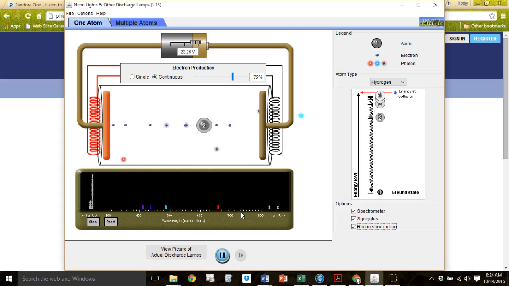So we should be able to answer the questions on the first page, 1 through 3. What role does energy play in the production of electromagnetic waves? That's for you to think about and write down. You should be able to answer 5 and 6.